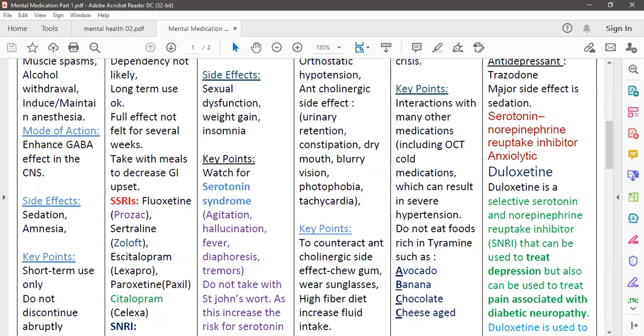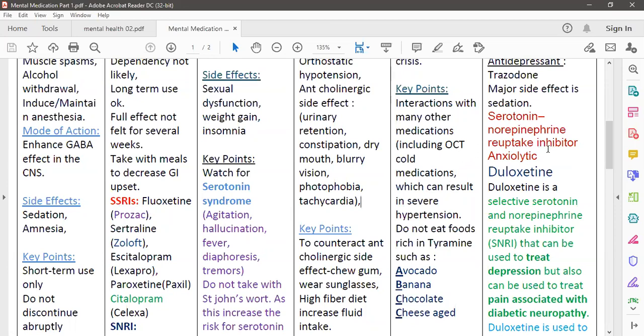SSRI we already saw is an antidepressant, but here it is SNRI, serotonin norepinephrine reuptake inhibitor, right? It is a little bit different from SSRI. So there are some examples I left here.